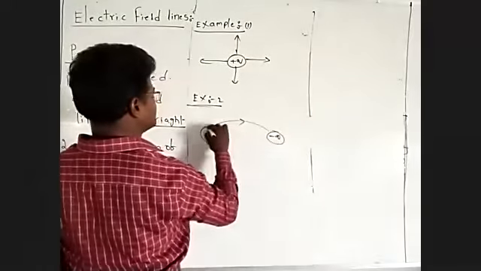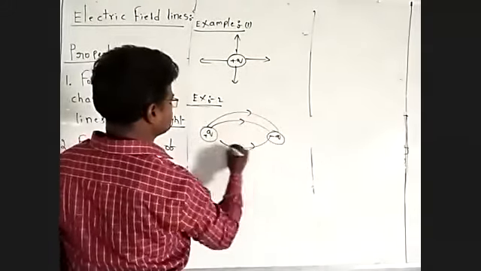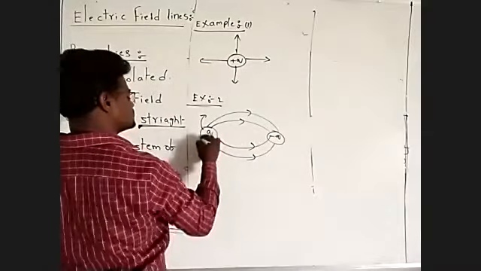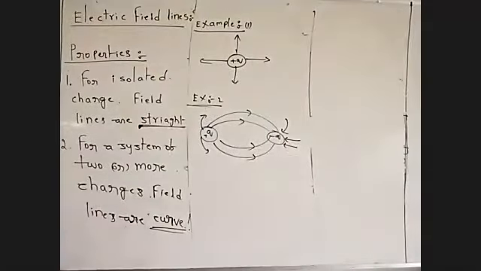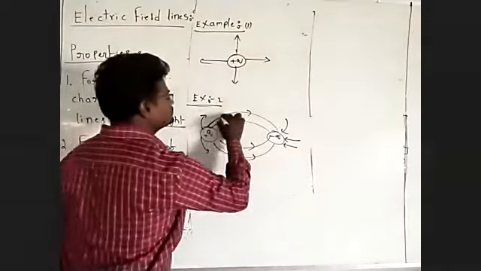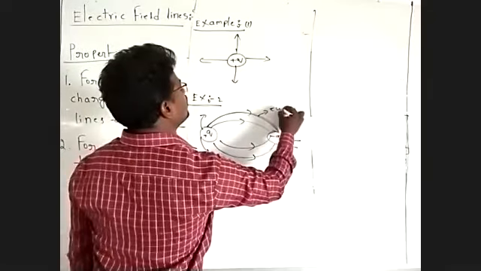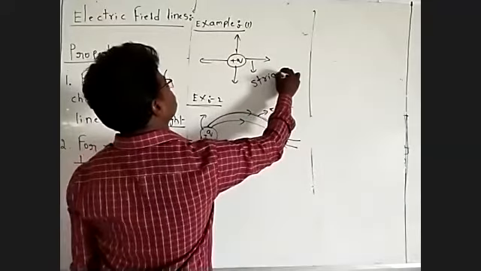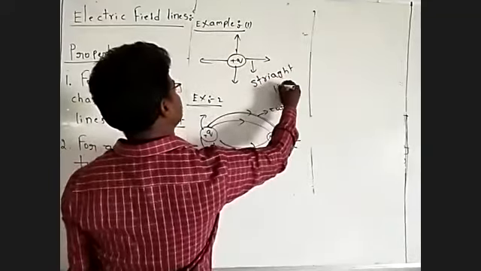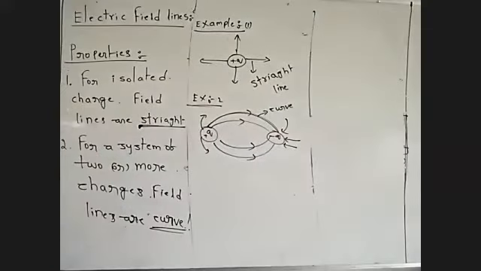Field lines start from the positive charge and terminate at the negative charge. It starts like this. The shape is curve shape. This is a straight line, and this is a curve shape. That is the example.